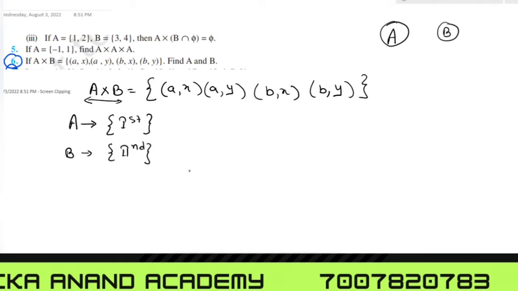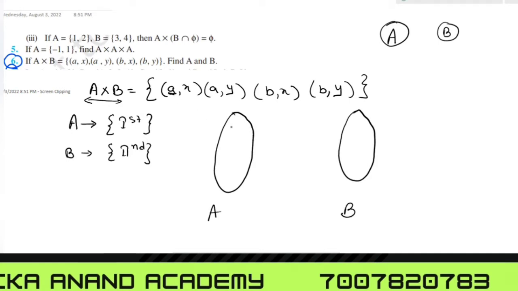Clear? Now, for example, if I draw pictorially, this is A, this is B. Now, at the first place, this is A, so I will write over here A. At the second place, this is X. Now, A, so it is again A. It is Y, so I will write Y. Now B, the new term, so I write over here, X, we have the same term.